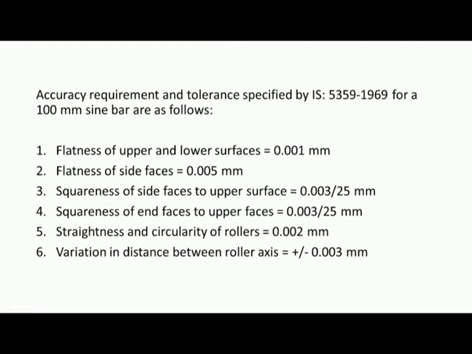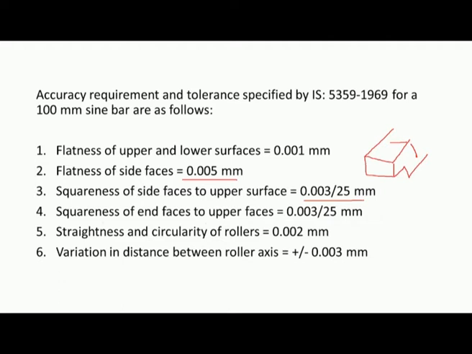0.001 millimeter, and the flatness of side faces should be 0.005 millimeter. Squareness of side faces to the upper surface, that means if this is the sine bar, squareness of the side surfaces to the upper surface should be within 0.003 per 25 millimeter.